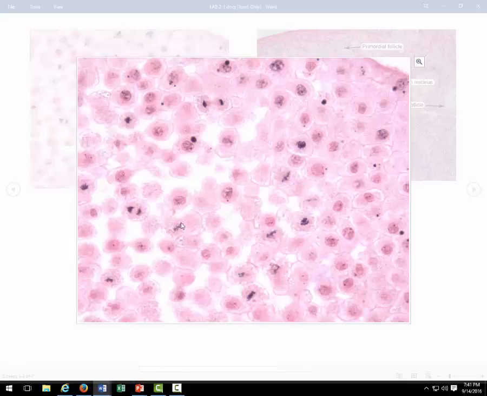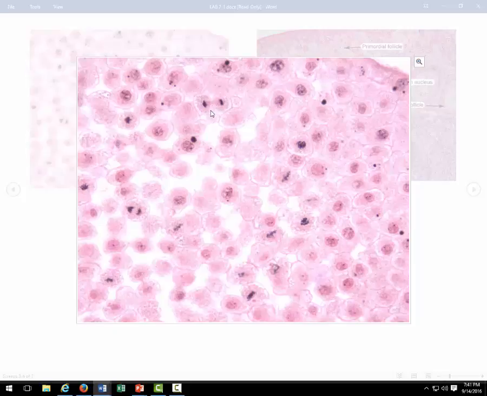If you look at this slide, which phase of mitosis is this representing? Anaphase, and this one? They're kind of lined up along the middle. Metaphase, this one also. Metaphase, how about this one here? Cytokinesis, yeah, at the end of which phase? Telophase, because we're at the end.